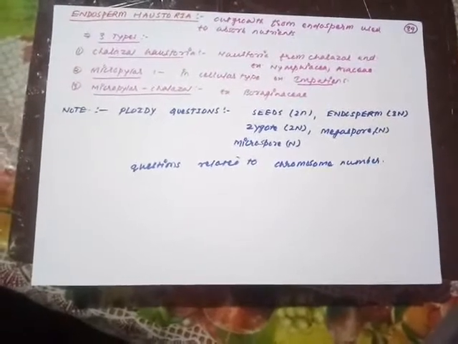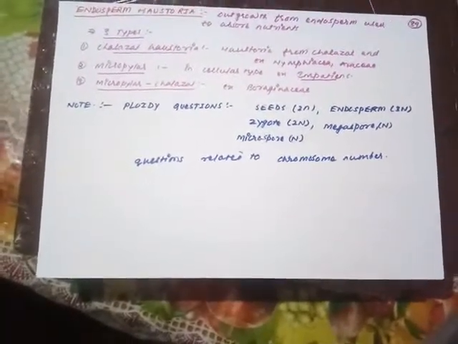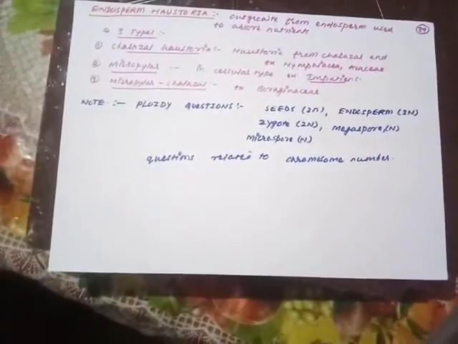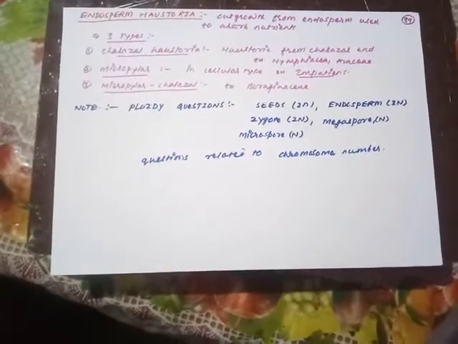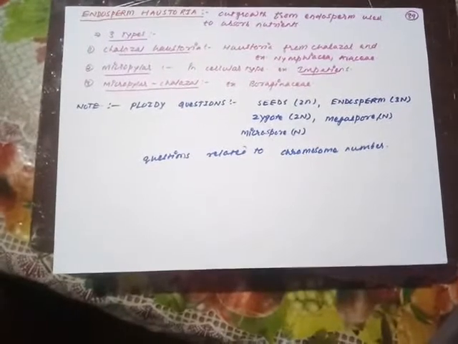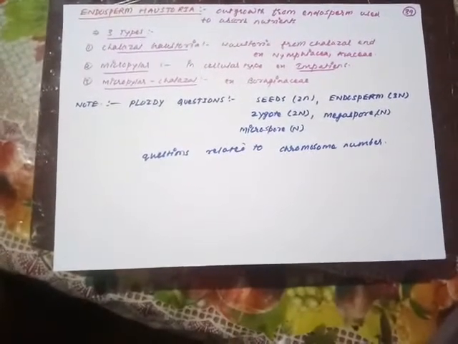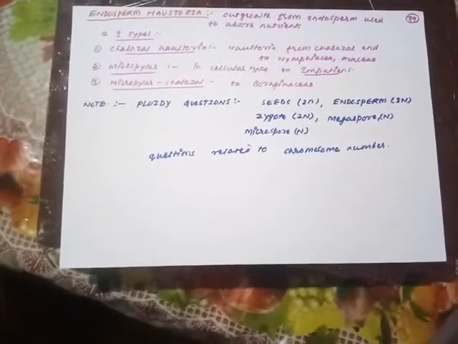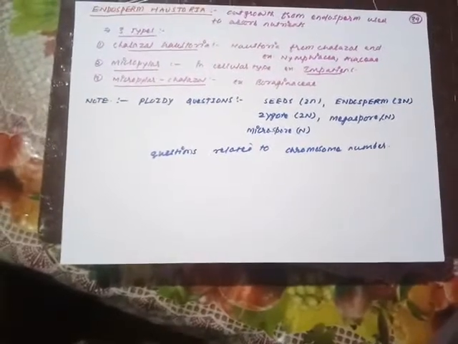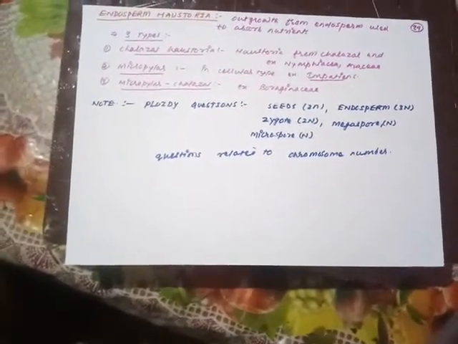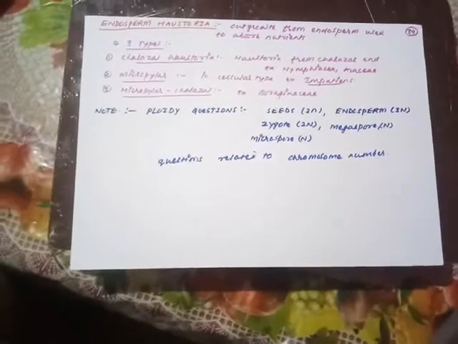What is the source of energy or reserve food in the plant? How do they get the energy from the other parts of the embryo sac? They derive the energy from the other part of the embryo sac, basically the parenchymatous cells present over there.